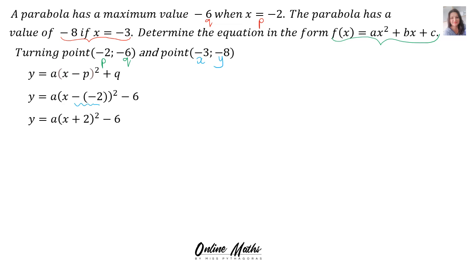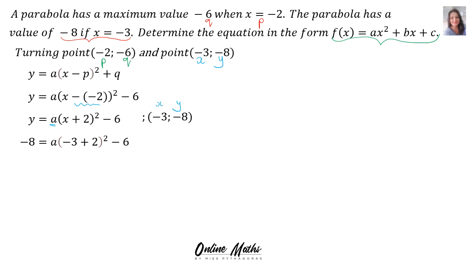And then to find a's value, this is where we're going to substitute in this other point, minus 3, minus 8, consisting of an x and a y. In y's place, we substitute minus 8 equals a, and in x's place, we substitute negative 3 plus 2 squared minus 6.